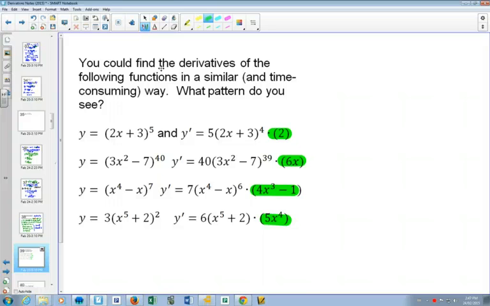Yes? Take the 2x plus 3. Well, you could do the whole thing because the 3 itself, the derivative would be 0. You do the derivative of the inside. Same thing with this one. That's the derivative of the inside, 6x. What's the derivative of the inside? 4x cubed minus 1.